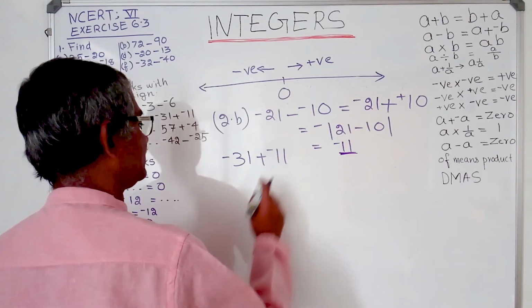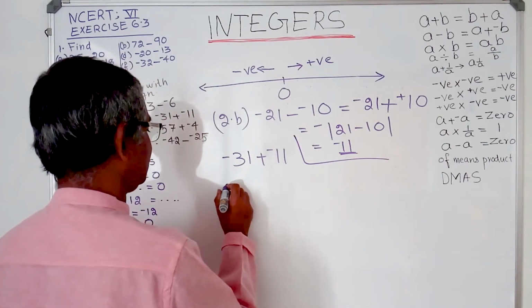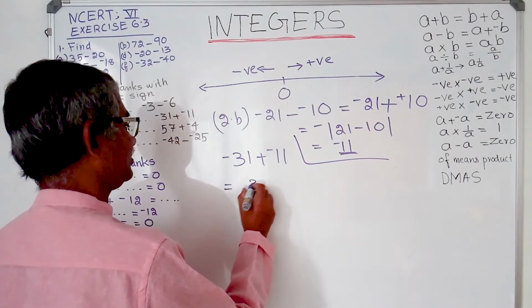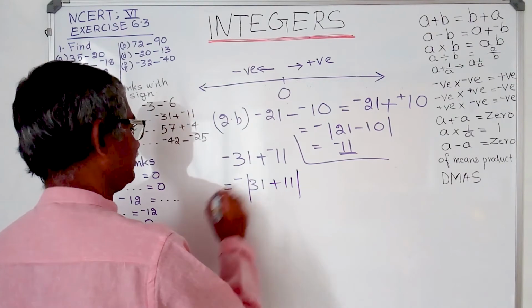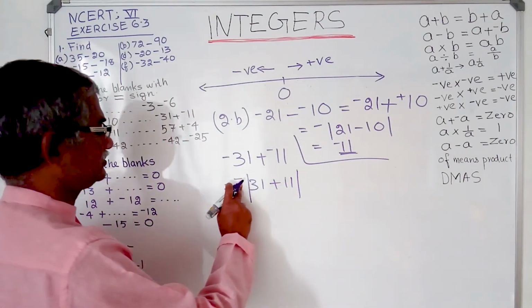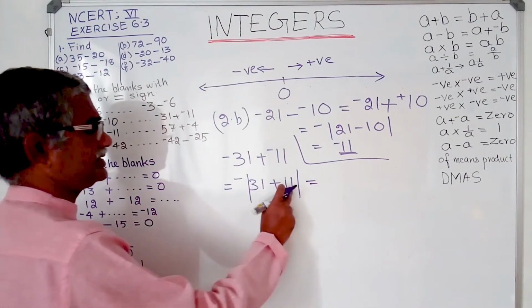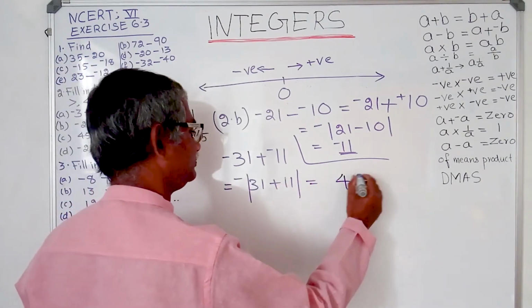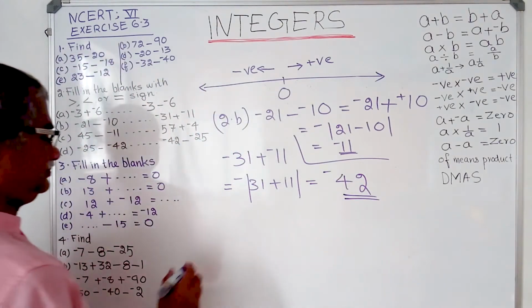Here we can consider the sum, 31 plus 11, both are negative, so taking the negative sign. 31 plus 11 is 42, negative 42. Which is greater?